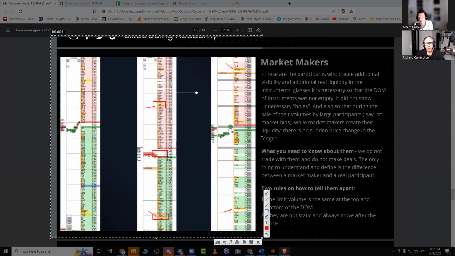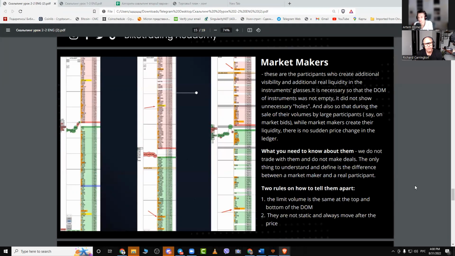His task is to confirm bids, big orders, big market orders, and this is how the market maker makes good liquidity for other altcoins. Market maker, you know what it is.